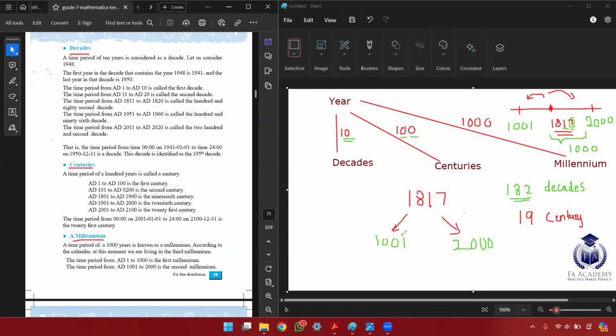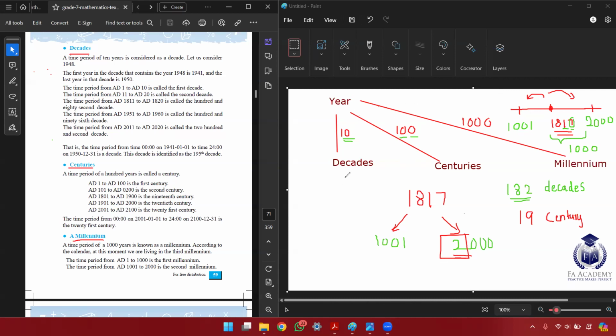So we need to make this one as 1. And you see the numbers, including the thousands column, whatever numbers you have in front of that. So that's how, if it is a time period of 1000 years, you see the thousands place. If it is a time period of 100 years, you see the hundreds place in centuries.